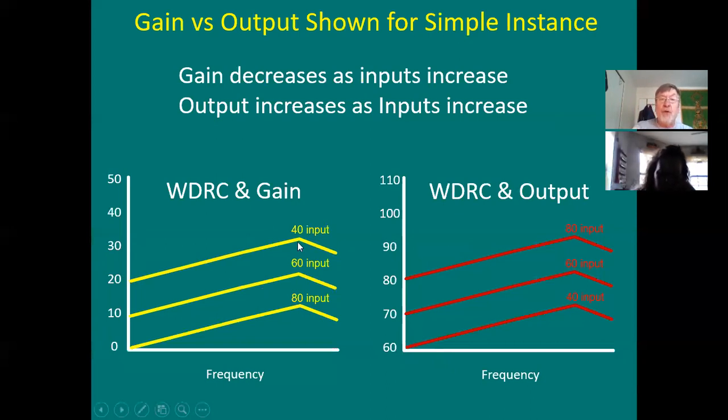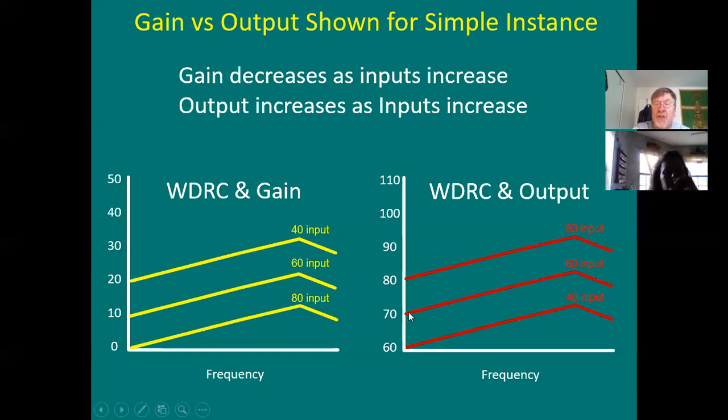Now let's look at where 40 input peaks here. Okay, so now 40 is right here. Follow my cursor. It's about 30. Okay, so if 40 in is getting a gain of about 30, what's happening here? Look at the 40 here.